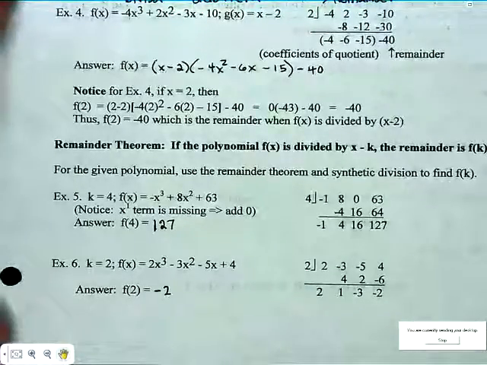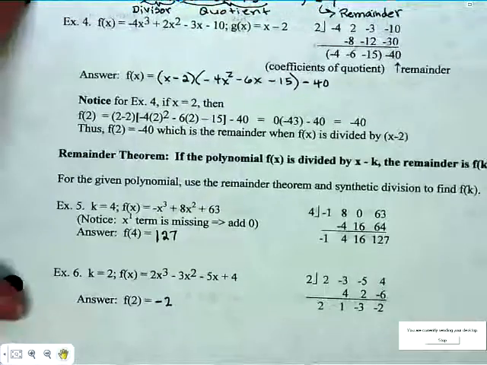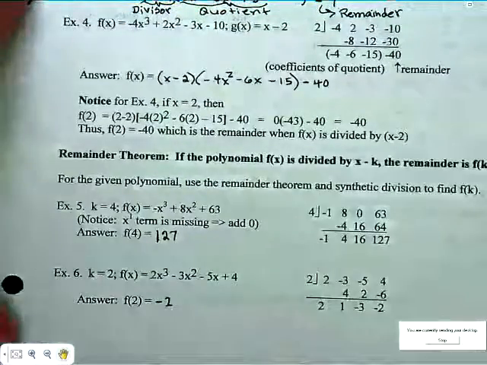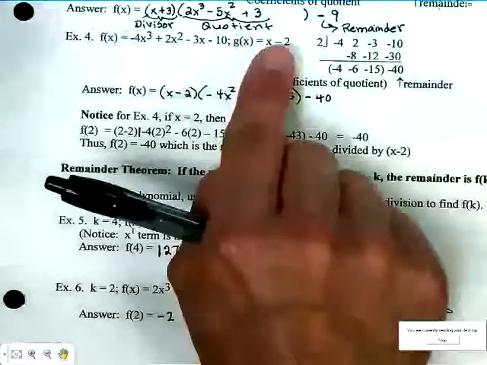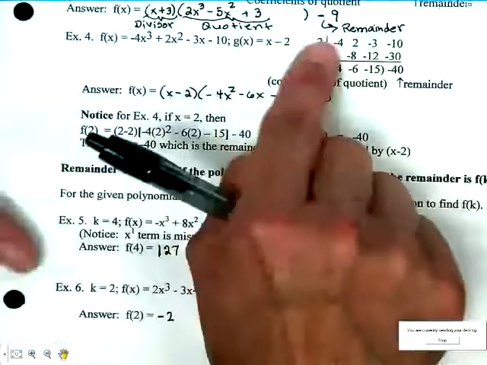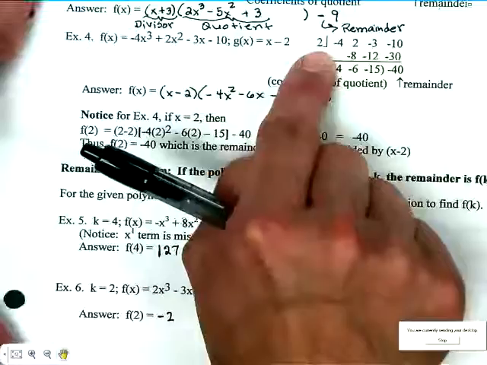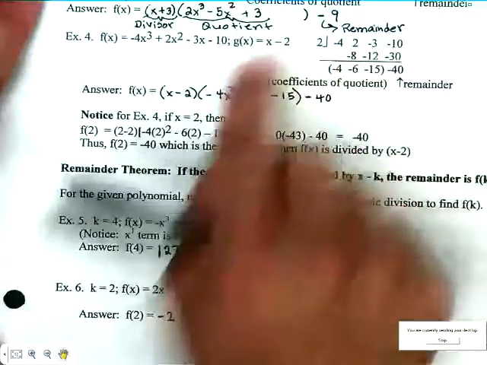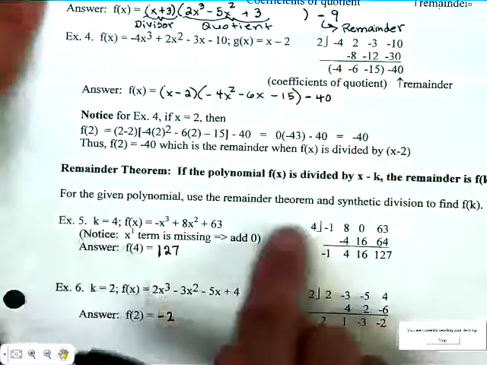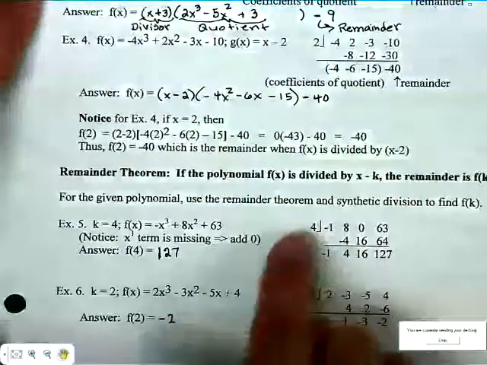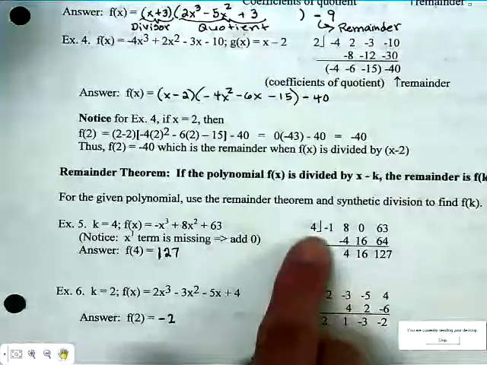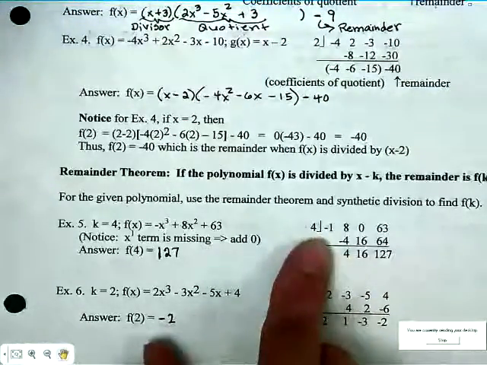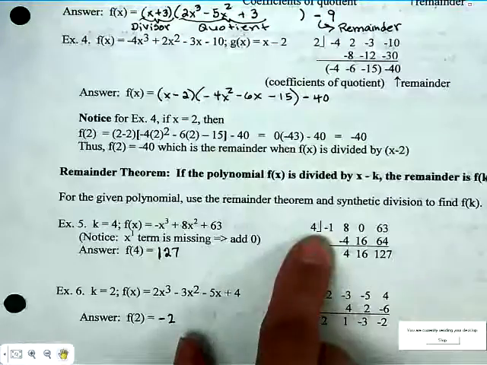I'm glad you asked that. I meant to say it. If I give you the divisor, g of x, then you take the opposite of the constant, and that's what goes in the box. However, if instead of the divisor, I'm giving you a k value, that's what goes in the box. That 4 in the box actually means the divisor would be what? x minus 4.